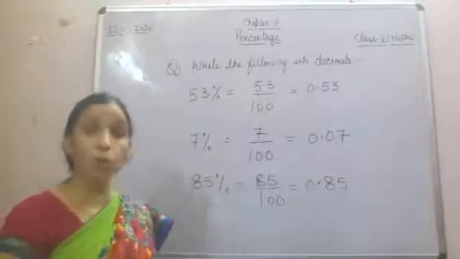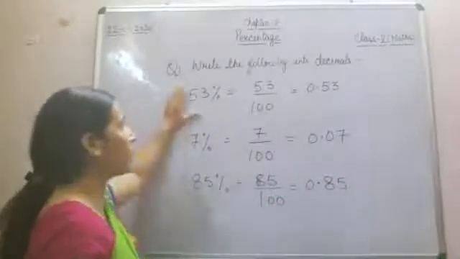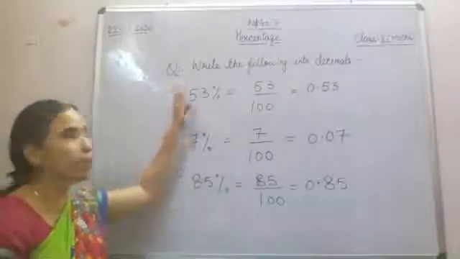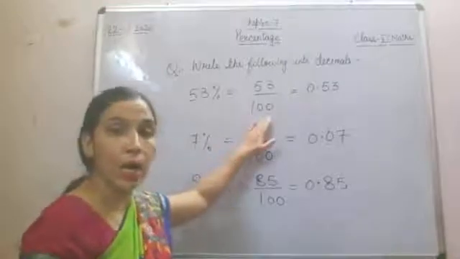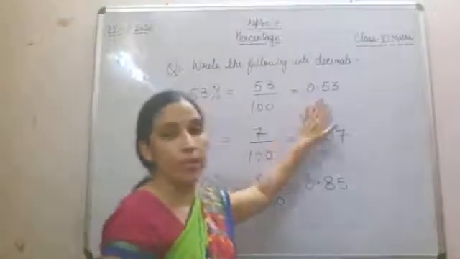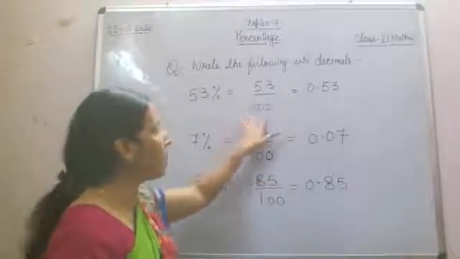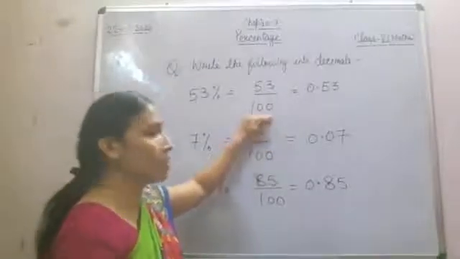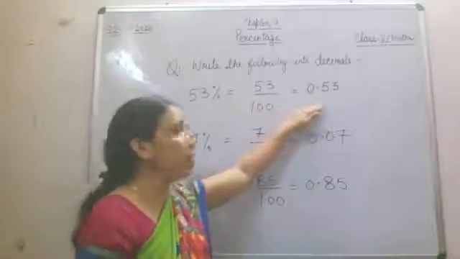Fine. I hope this concept of percentage will be clear, that how we can write a given percentage into fraction and how we can change it into decimal. Now this part we have done in the decimal chapter also, that how we will change the fraction into decimal.